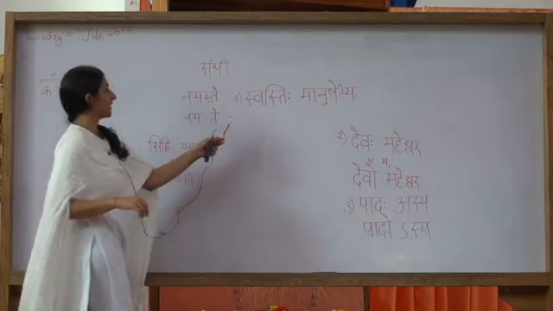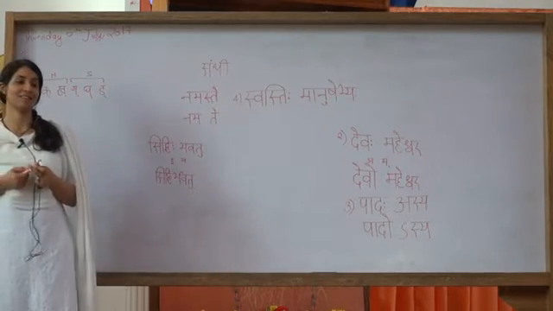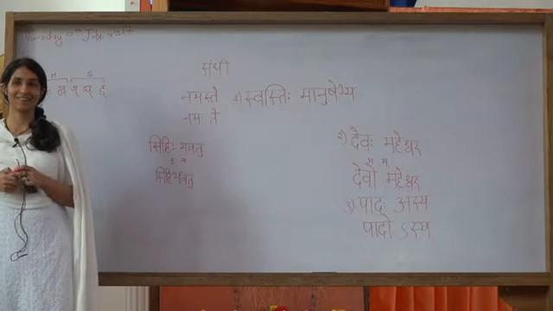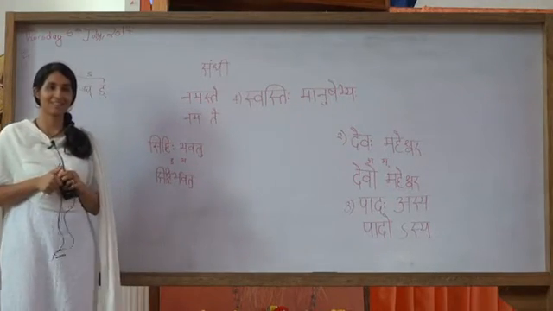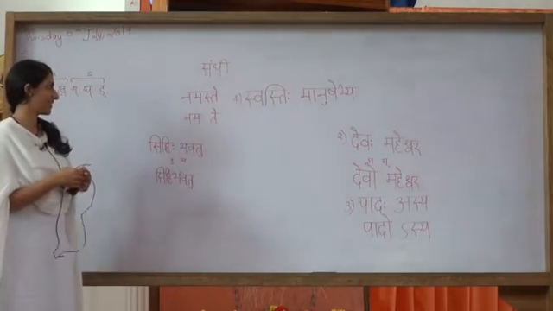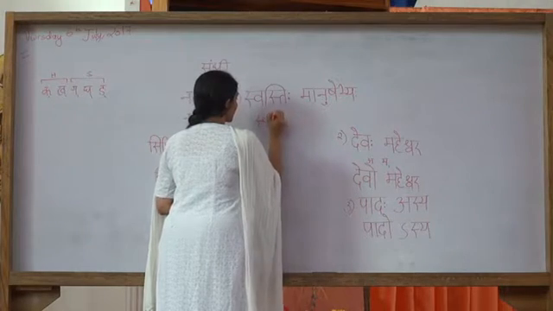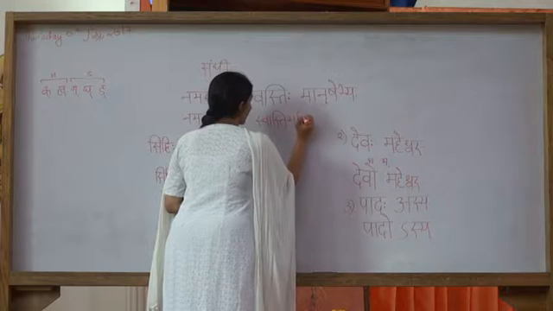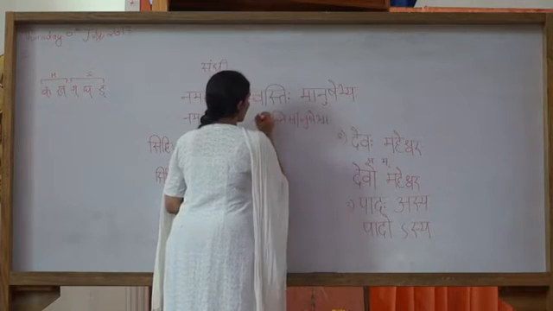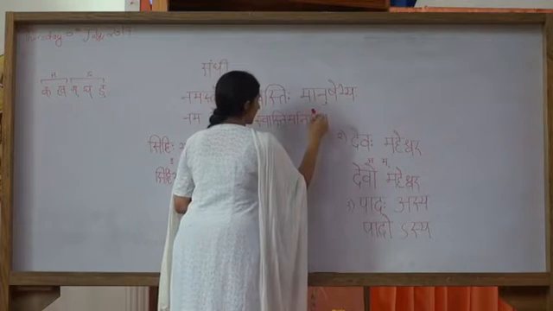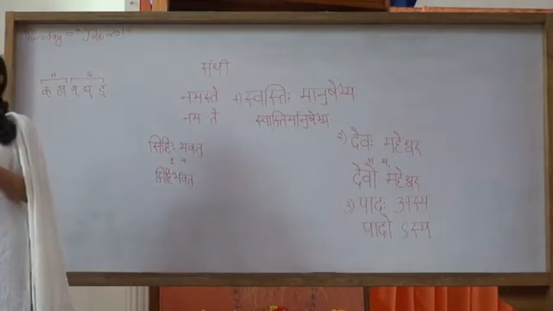So now we have a followed by a ma. And so the rule is that the Visarga will change to a. Swastir Manushebhyaha. Another word we just chanted.